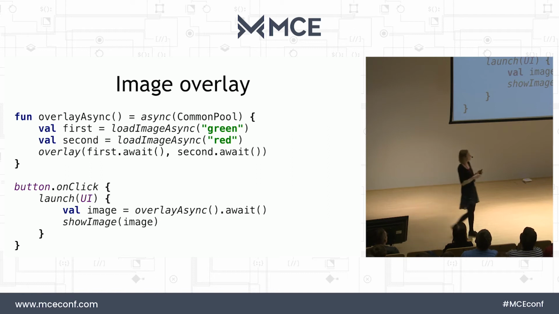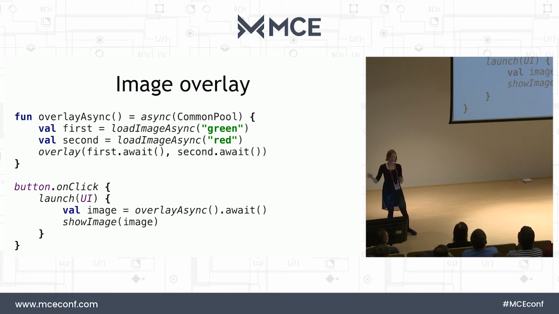How do we call it? For instance, here below, we can say that we want to process all of this on click. So we launch the computation on the UI thread. We specify, okay, we want to do the following on the UI thread. And in this computation, we start asynchronously this overlaying that starts asynchronously all the loading.